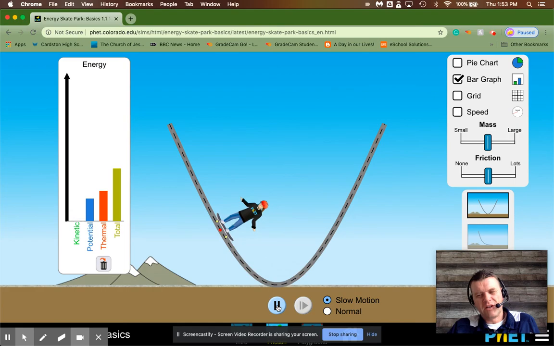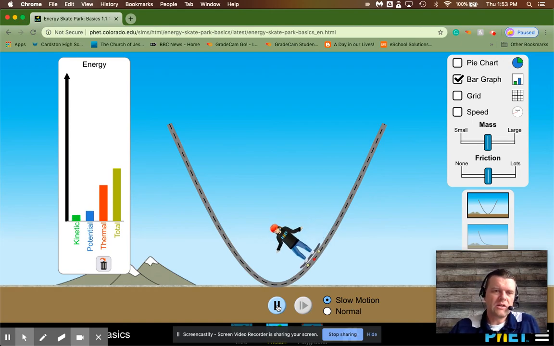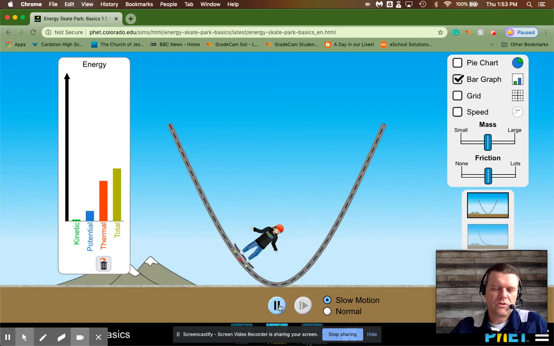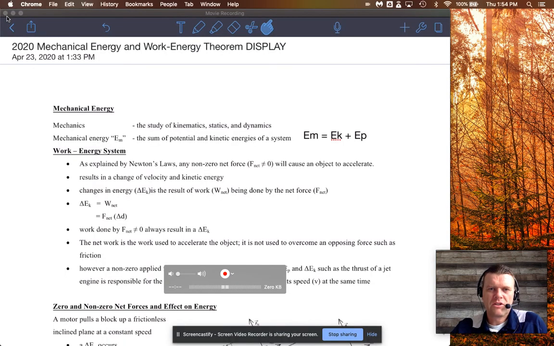I know I said friction was one of those external forces, but if you can account for friction, because you really are releasing heat to the surroundings, the totals will still be equal. I want you to have that in your mind as we start looking at these notes that I gave you, and I will refer to that example.